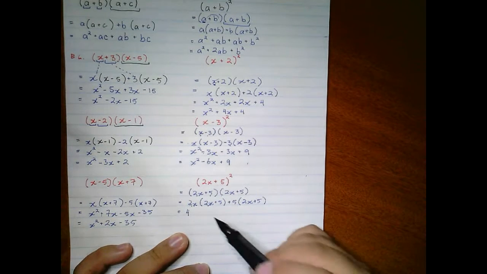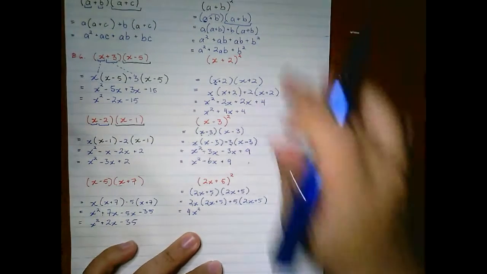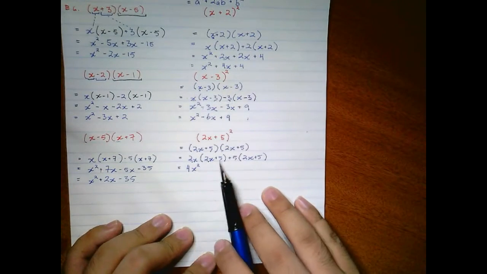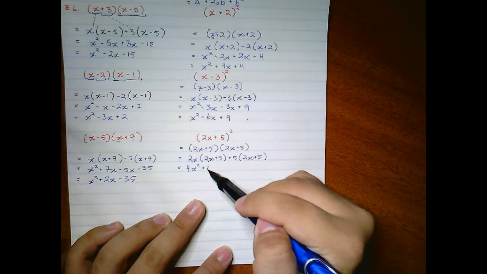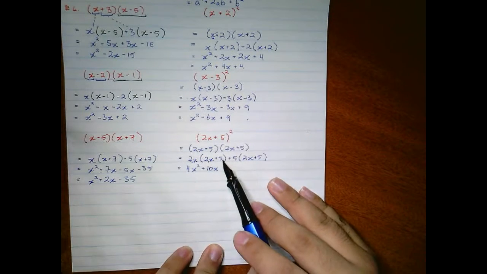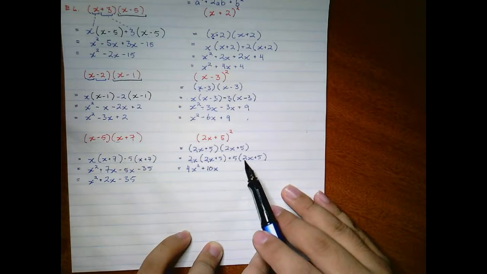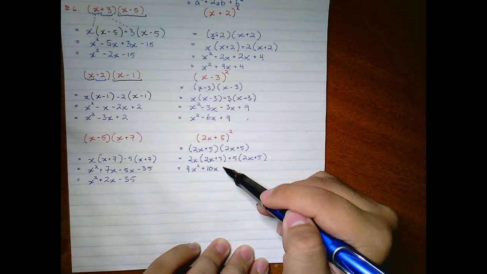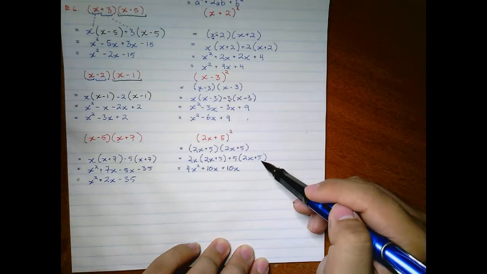X times x is x squared. 2x times 5, so 2 times 5 is 10. And x times no letter, well, that's just x. 5 times 2, moving on to this group, 5 times 2 is 10x. 5 times 5 is 25.